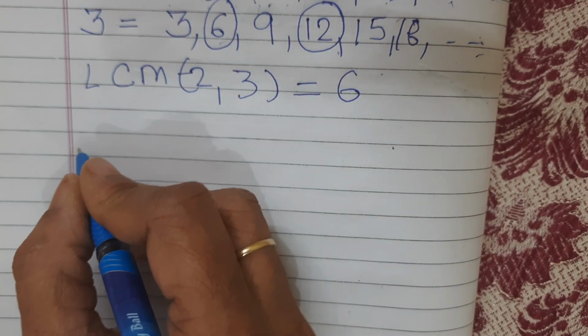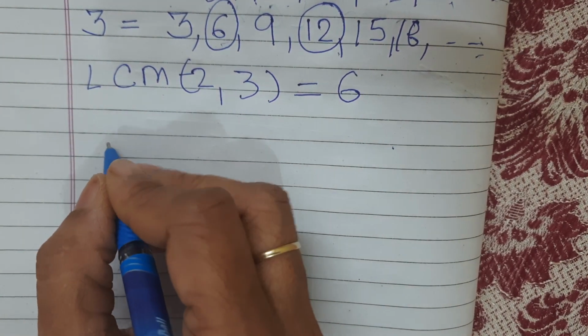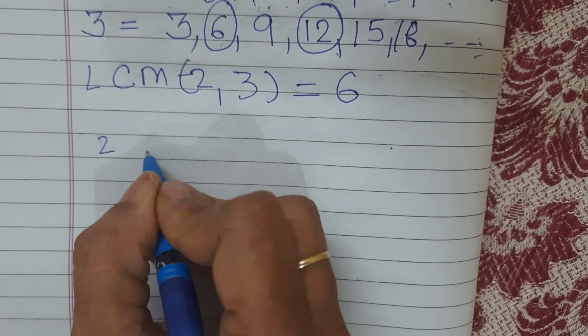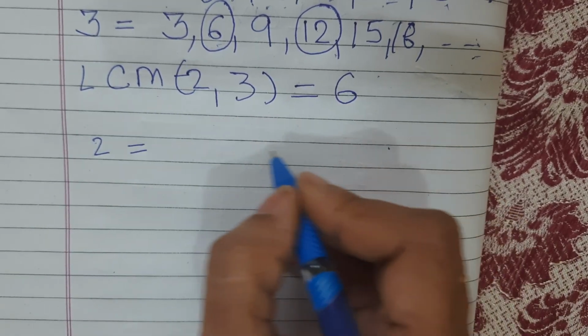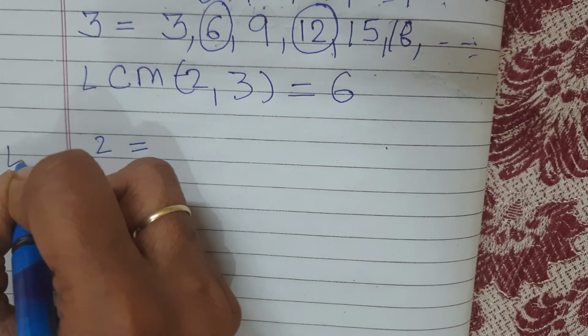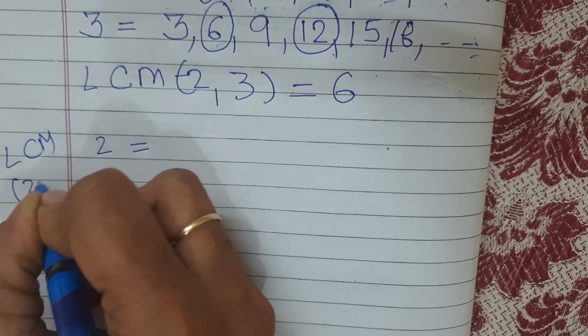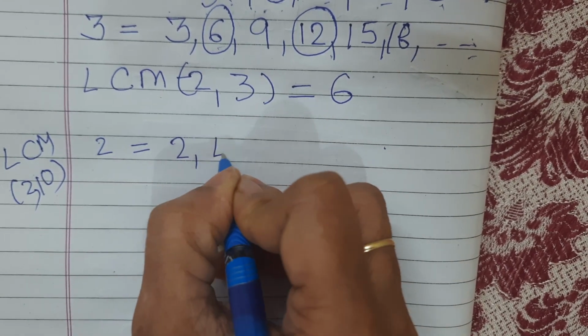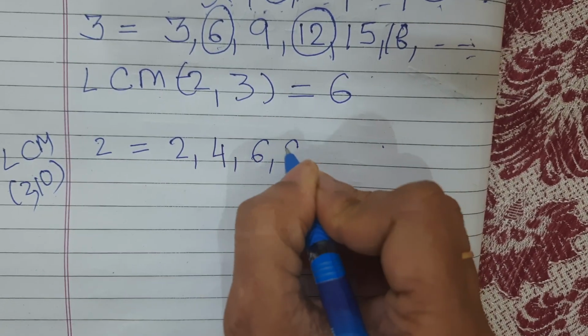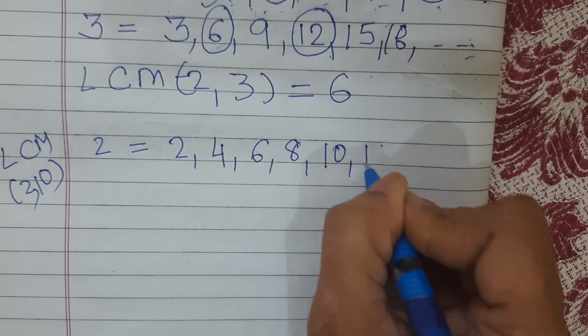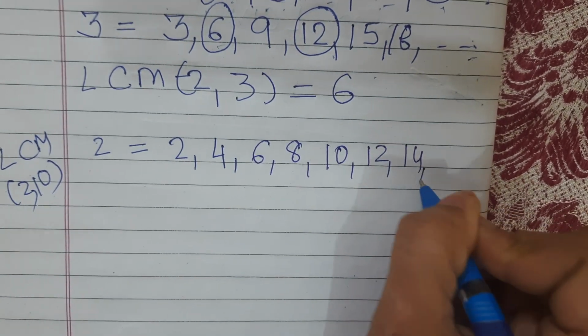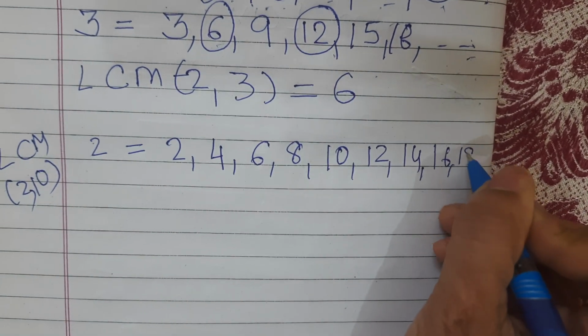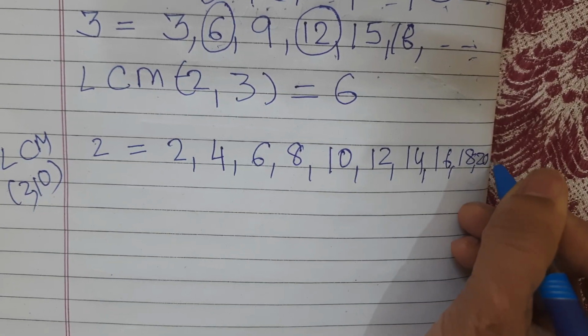Okay, let's take 2 and 10. Okay, so I want to find LCM of 2 and 10. So what I will do is, I will write the multiples of 2 again: 2, 4, 6, 8, 10, 12, 14, 16, 18, 20.